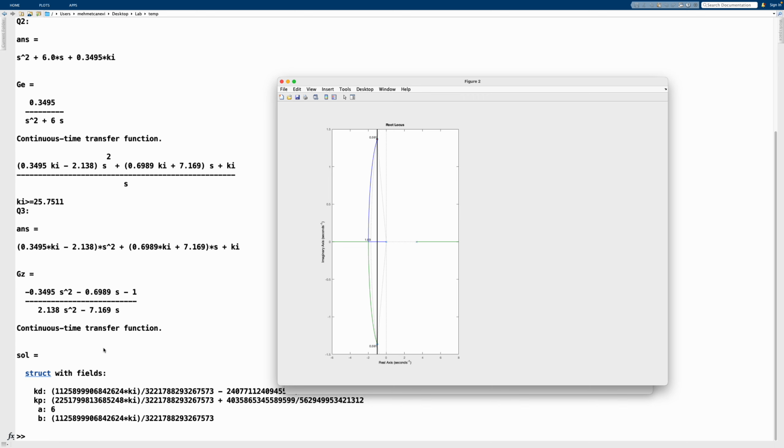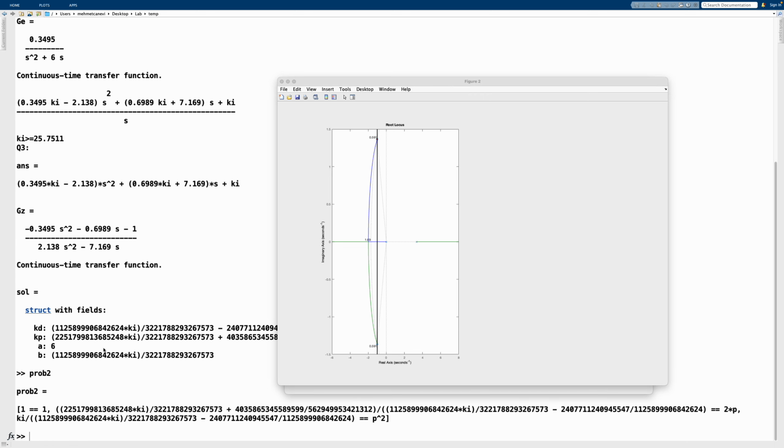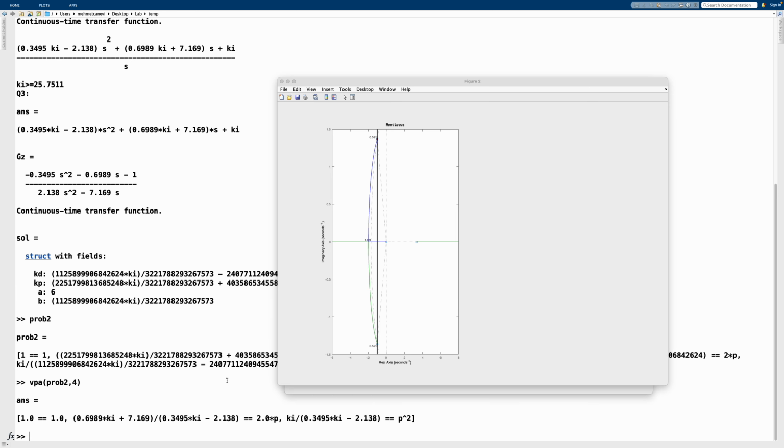Yeah, there we go. Now, if we look at problem 2, 1 equals 1, that should have been satisfied. And then we have some crazy stuff here. Maybe we could use VPA in order to see what it is. So we are going to basically solve this equals 2p, this equals p squared, in order to get basically the ki values.